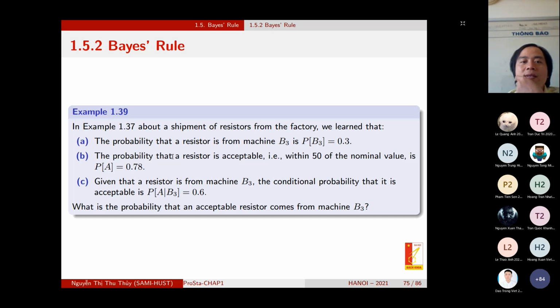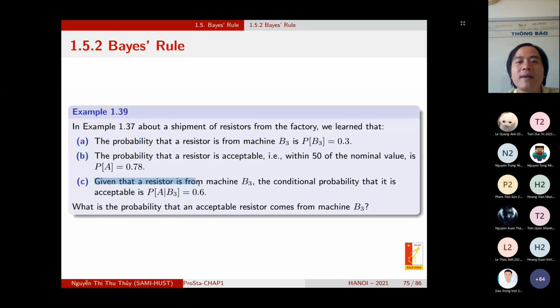And we know that the probability that a resistor is accepted, that is, passes the test, is P(A) equals 0.78. And now, what if you observe that we can see the mark on the resistor? Every resistor needs to be marked.